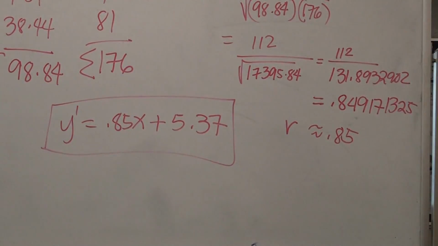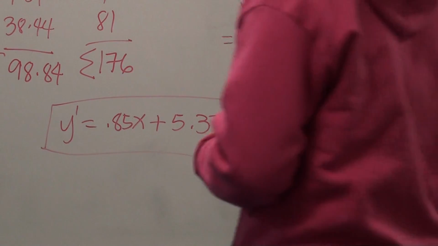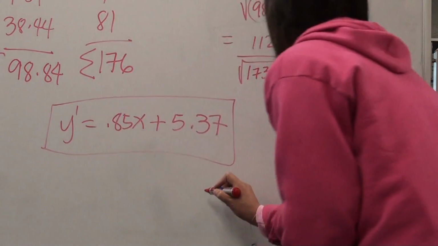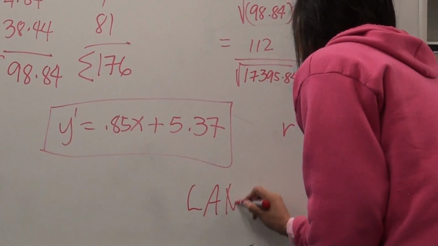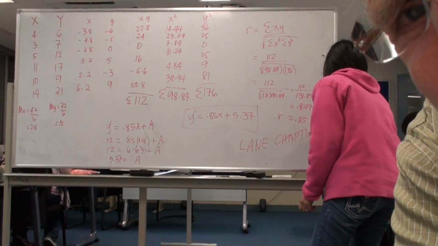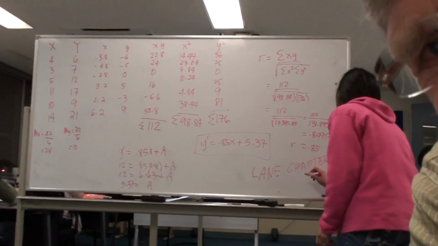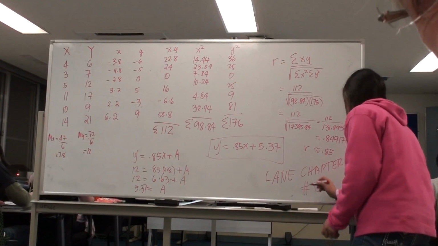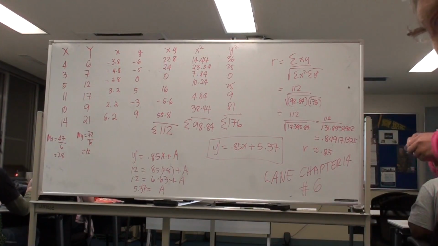So what problem number is this? Can you write it down in the lower right corner, Lane? Yeah, Lane, chapter 14, number 6, right?